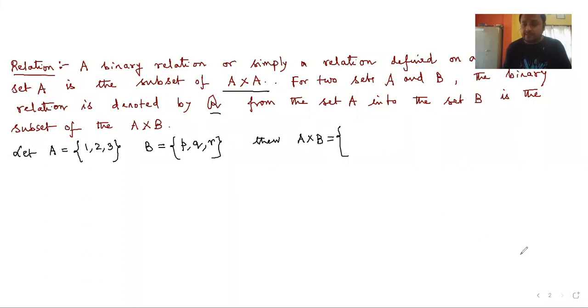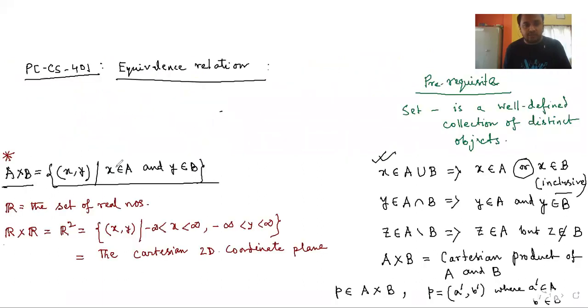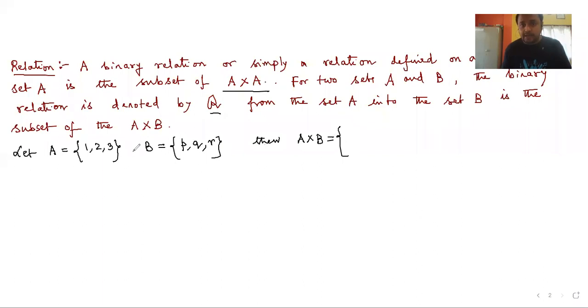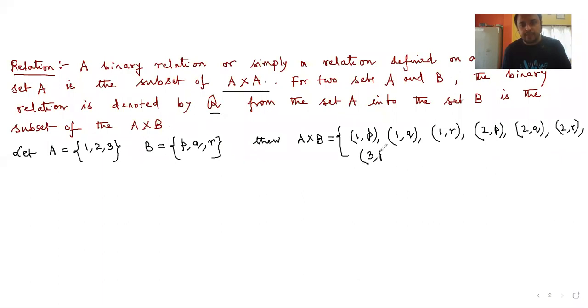If we apply the definition of the Cartesian product, which is written over here, the Cartesian product will contain elements of this form. So we'll get elements like 1p, 1q, 1r, 2p, 2q, 2r, and 3p, 3q, and 3r.